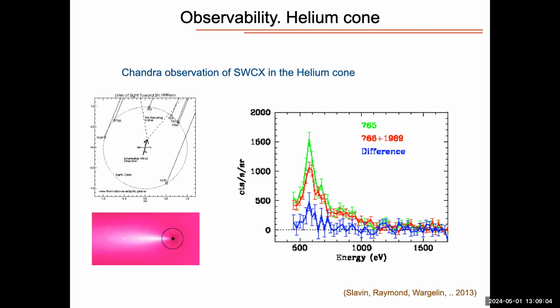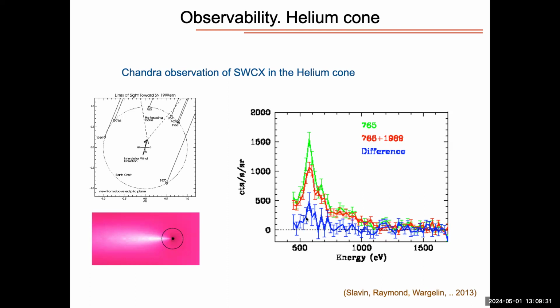And I just learned this from Jonathan, and I'm particularly grateful to him for pointing this emission out to me. I didn't bring it up, but I tried to find that graph, and indeed we do see that there is some difference between the directions where we're looking along the helium cone or sideways.